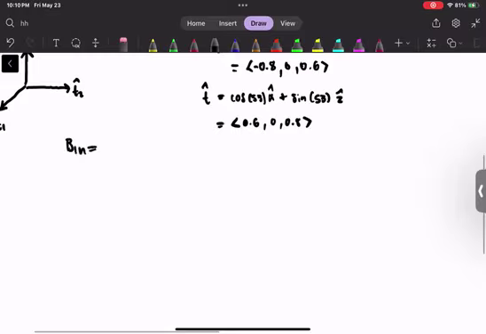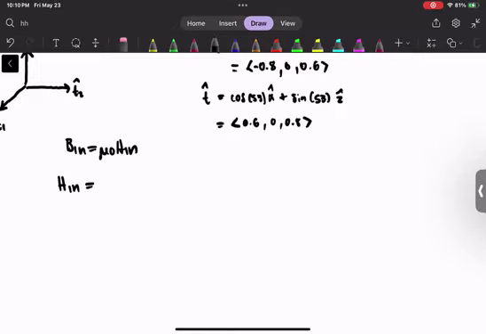B1n equals mu naught, because it's air, times H1n. And what is H1n? What is the normal component of the H field in the first material?